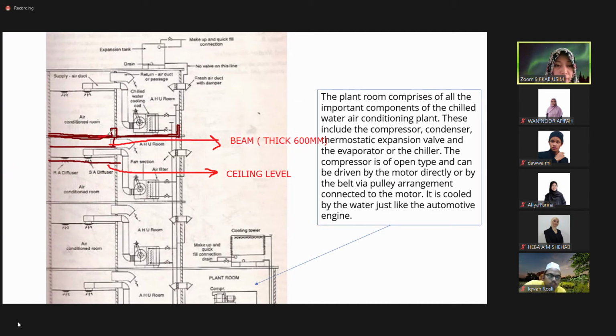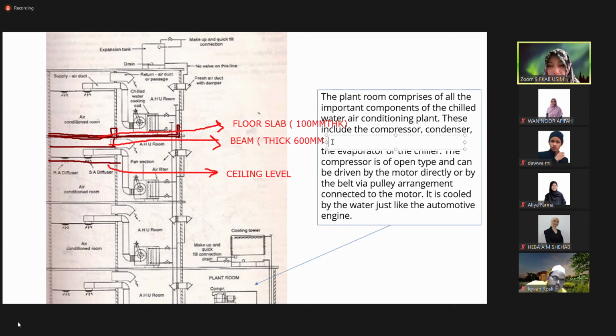Ini you punya floor slab. It's normally about 100 mm thick. Sorry, this one is 600 mm thick. Alamak, already wrong lah. Sini, okay.